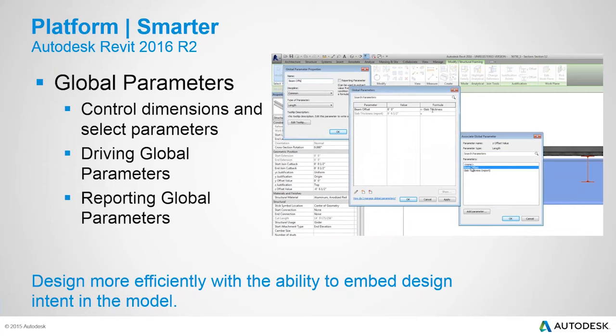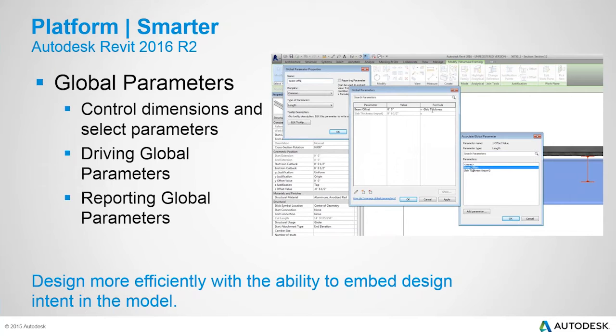Now, they come in two classes. There's a driving global parameter, or DGP, that pushes its values into an element or an instance parameter. So that drives it. Or there's a reporting global parameter, RGP.